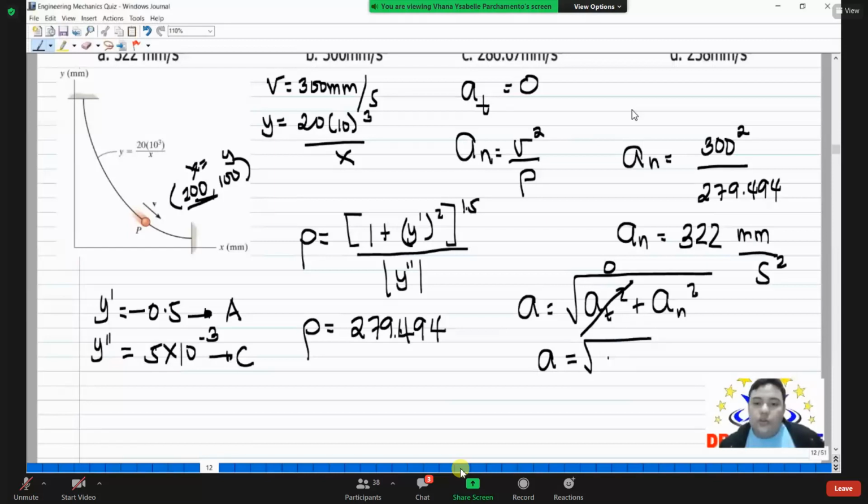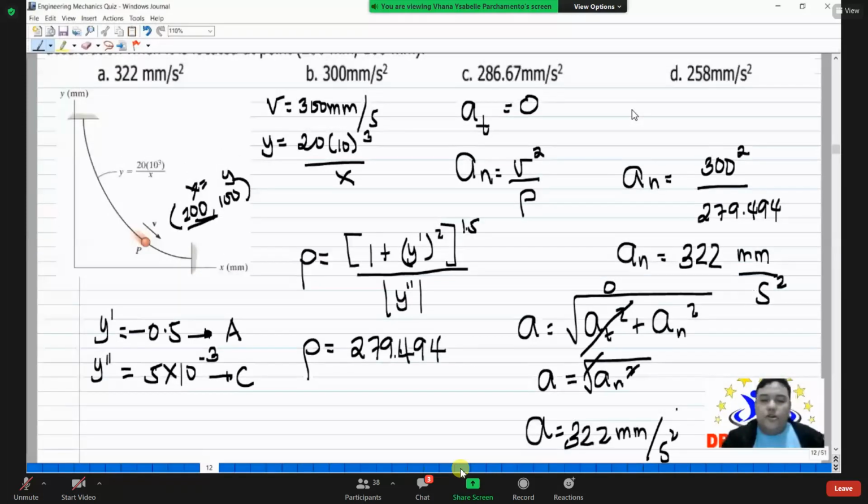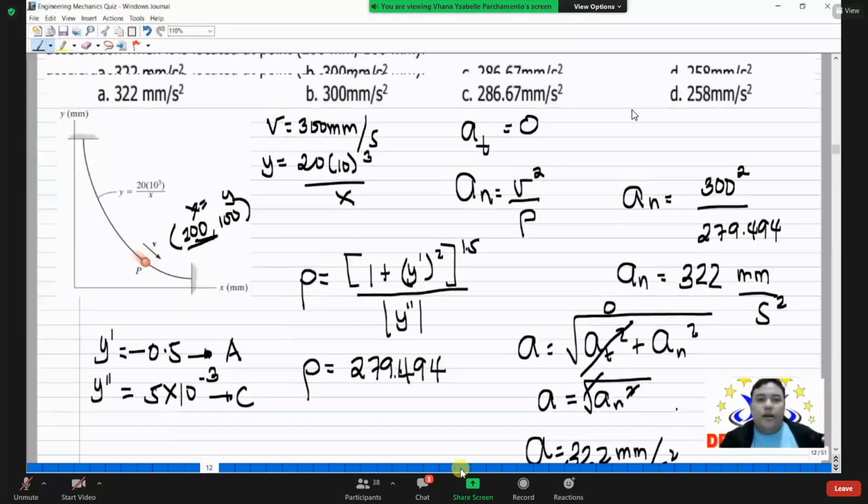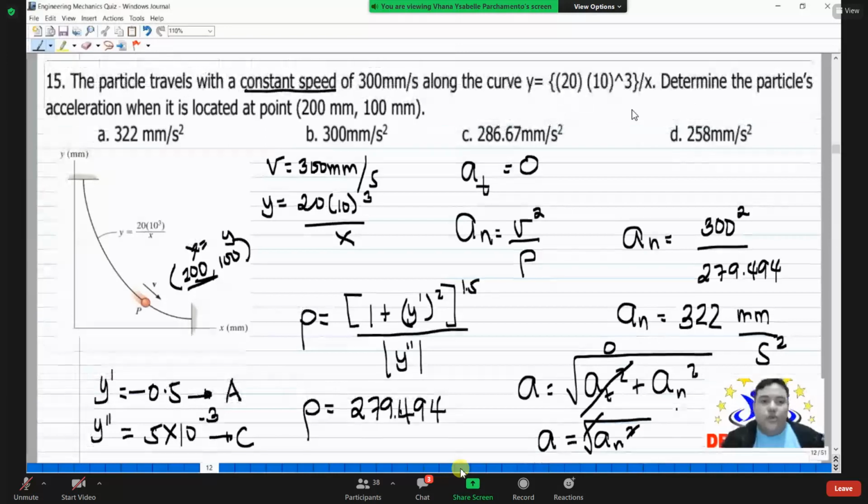So therefore, a is equal to square root ng a sub n squared. So cancel. So therefore, this is also your normal acceleration, or that is the magnitude of your acceleration, 322 millimeters per second squared. Letter A.